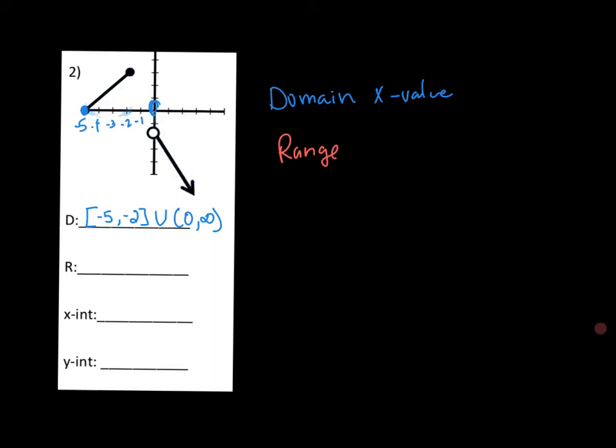Now for the range, I am doing all possible y. So I'm going from the graph to the y-axis, just keeping in mind that whenever you have an arrow, this keeps going in that direction. So for the range, remember, always start from the smallest to the largest, which in this case means going from the bottom up. So from the bottom, that goes towards negative infinity.